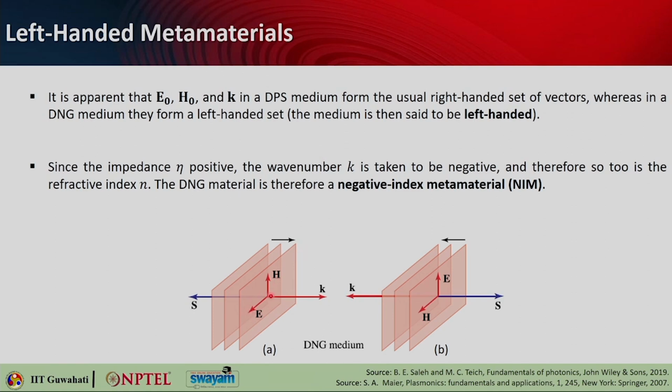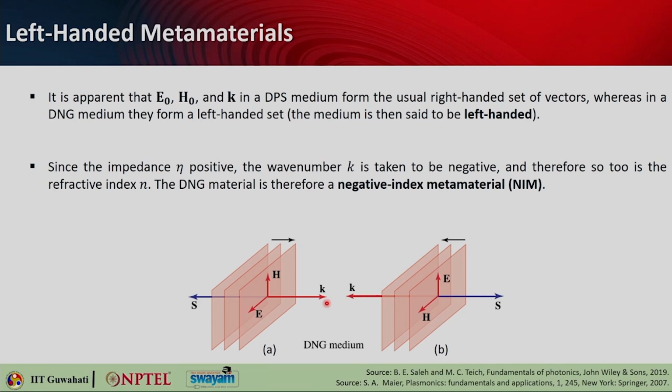Why is it a left-handed system? Because for E cross H, you take your fingers in the direction of E and roll them towards H, and you will see that your thumb is directed towards the K vector, and this you can only do using your left hand. So this is a left-handed system.